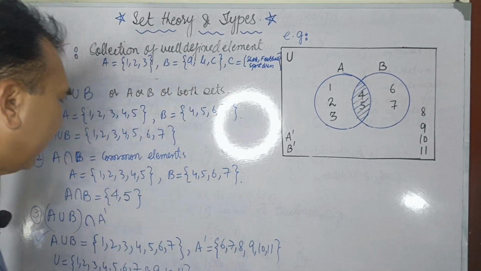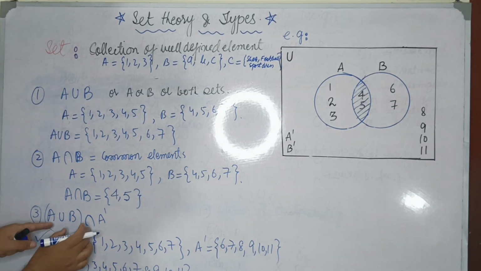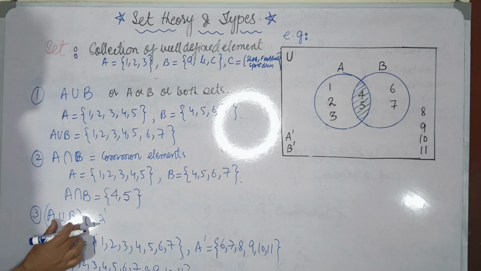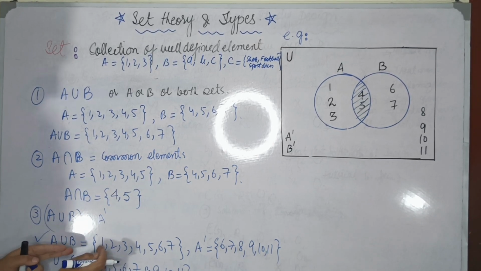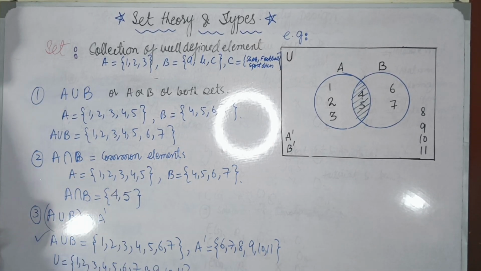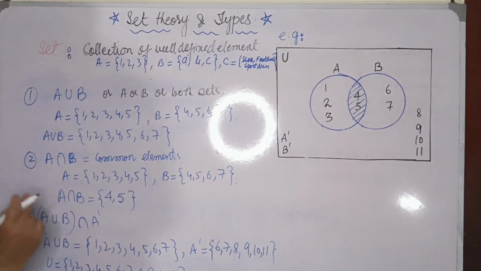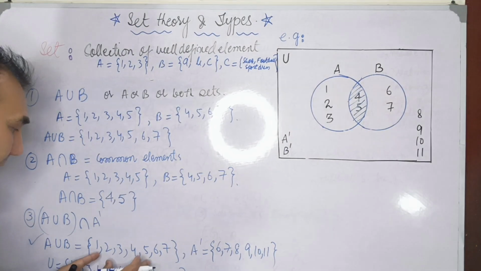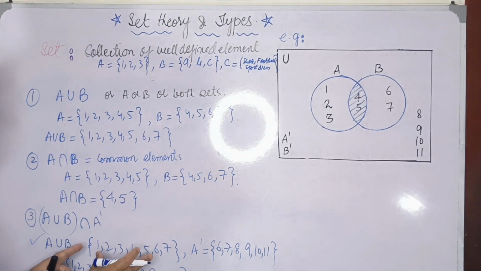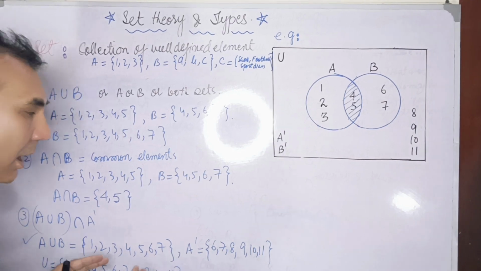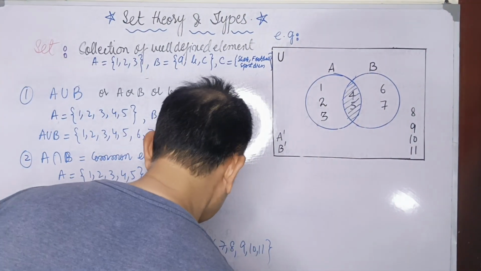This is the A complement. Now what is the question asking? The question is asking A union B, which we found from 1 to 7, and then we found the A complement, which is from 6 to 11. Now we will find the intersection, which is the elements that are common between these both sets.